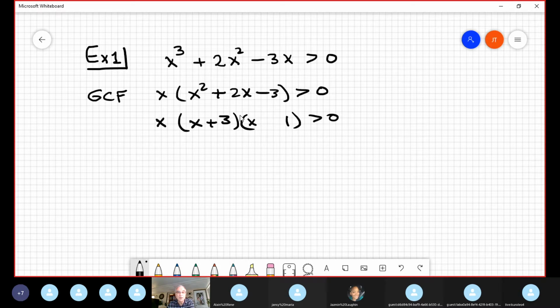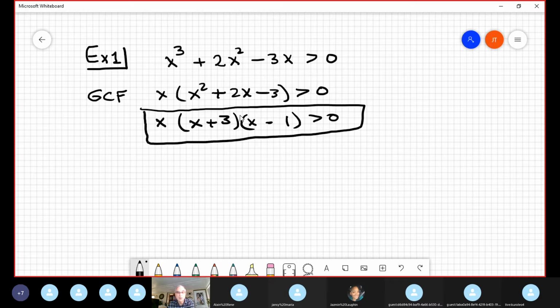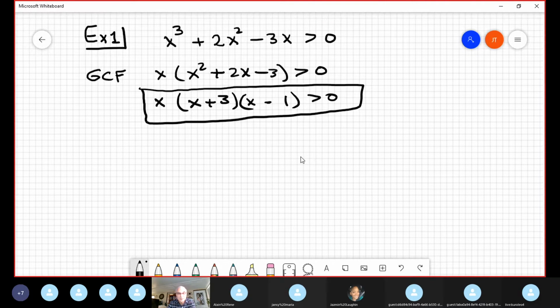The signs are positive and negative. And this is the inequality I want to focus on. I enclosed it in the box because this is an important moment, no? The important moment I enclosed in the box, the original inequality.